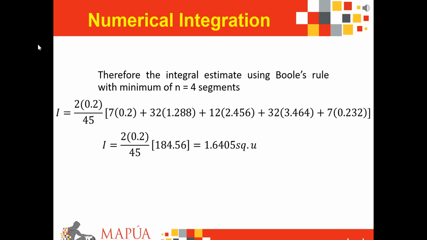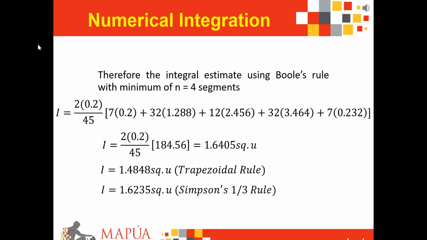Thus, we get an integral estimate equal to 1.6405 square units. If we compare this integral estimate against our trapezoidal rule at 4 segments, we'd end up with an integral estimate of 1.4848. Comparing that to our Simpson's 1/3 rule at n equal to 4, you'd end up with 1.6235.